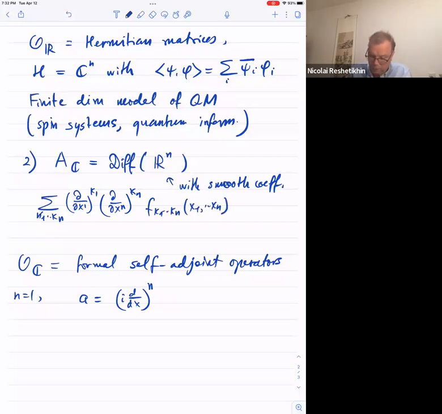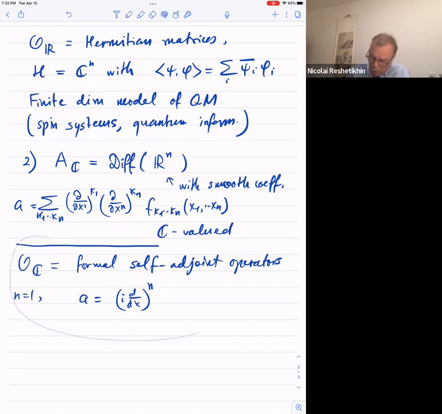And they have to be formally self-adjoint, meaning that A star should be equal to A. Just differential operators like this, with complex values. So this is the algebra of observables.